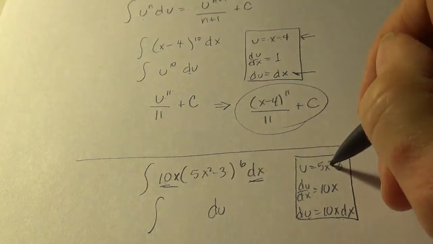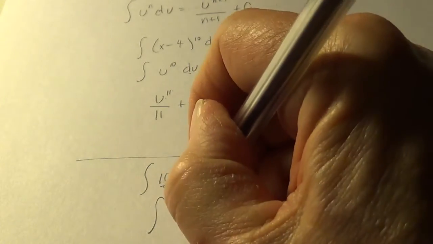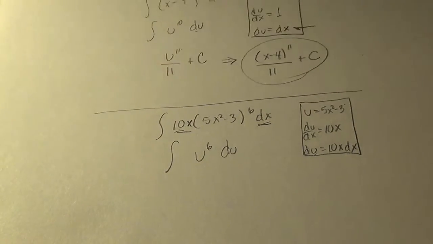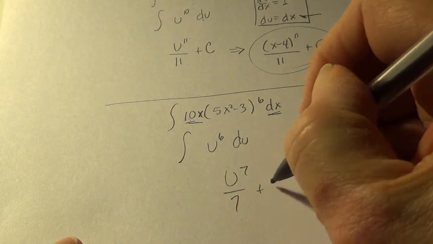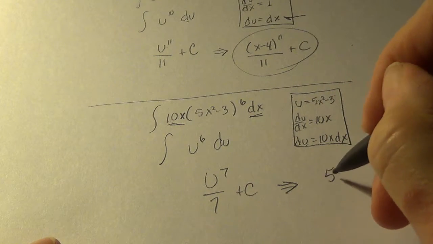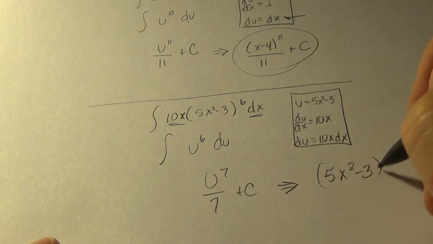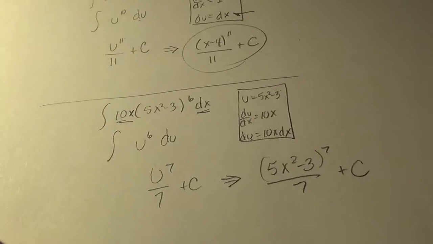And this 5x squared minus 3 takes on the u, and it's raised to the 6. So once again, I have something I can integrate. It becomes u to the 7 over 7 plus c. Back to x land. 5x squared minus 3 raised to the 7 over 7 plus c.